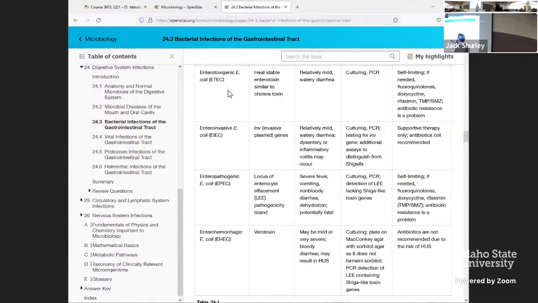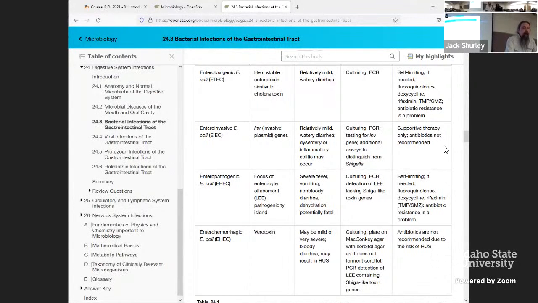The entero-invasive, so destroying cells as it invades them. There's a couple of different genes encoded by some plasmids. Mild watery diarrhea could progress to dysentery, inflammatory colitis as a potential.